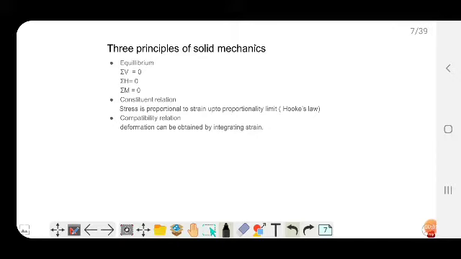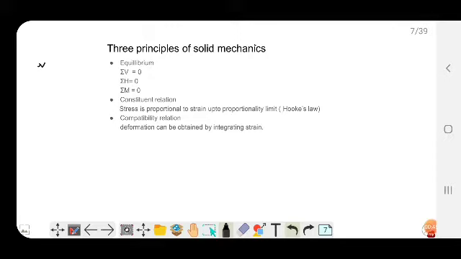V denotes the vertical forces. Sum of the vertical forces, net force acting on the body along all the directions, should be 0 for a non-rigid body undergoing deformation due to an external force. Sigma H means the horizontal forces, the sum of them should be 0. M denotes the moment, any moment acting on the body. Net moment acting should be 0.